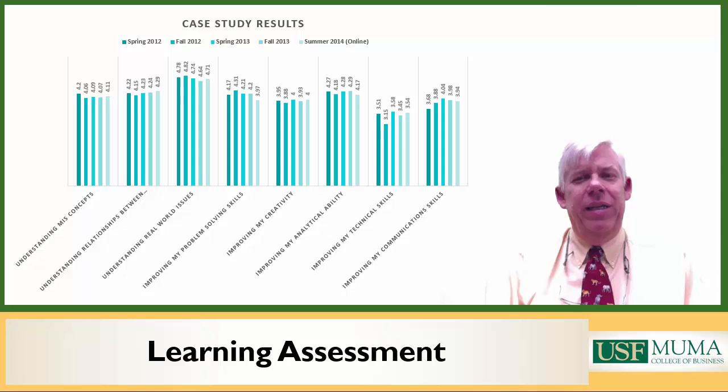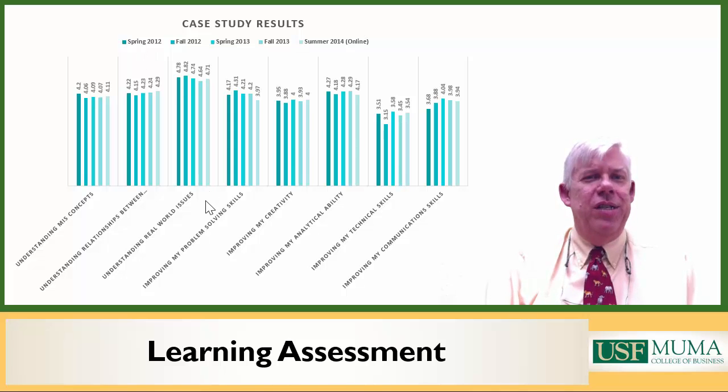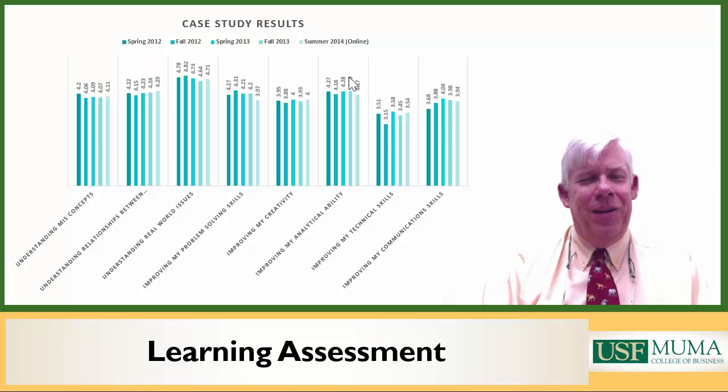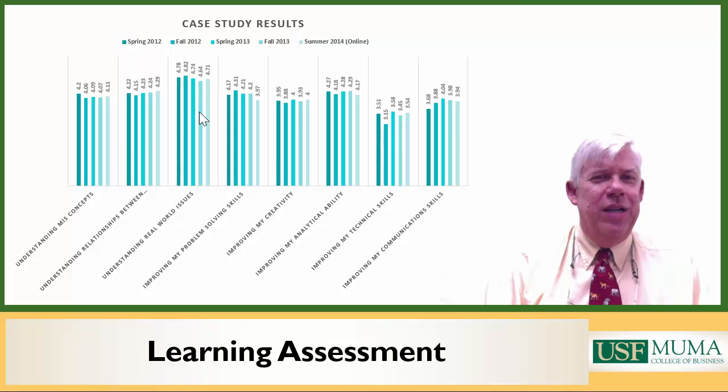And I think that really needs to be our objective. Every time we move a course online, we want to do at least as well as the face-to-face version. Now, in some cases, we might see big differences in categories depending upon the organization, and that's okay as long as we do better online in some categories than we do face-to-face.